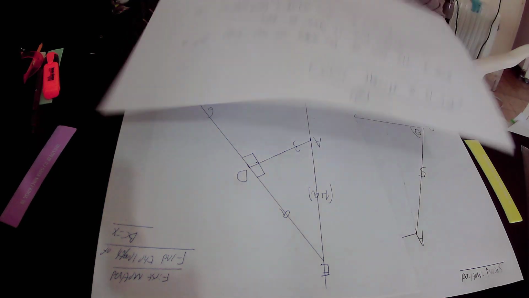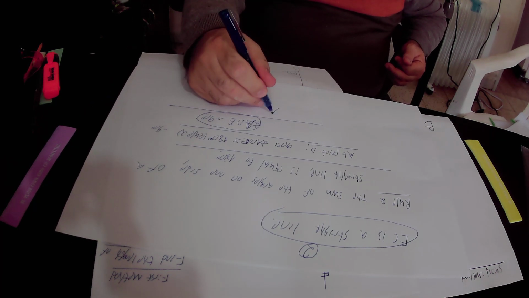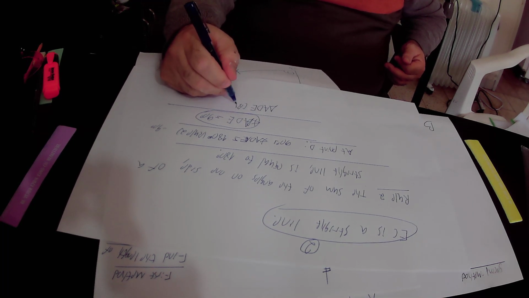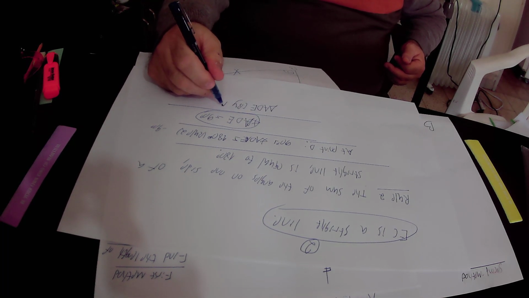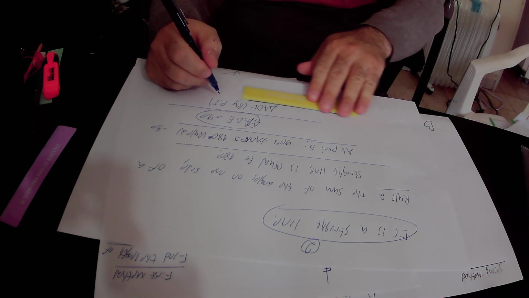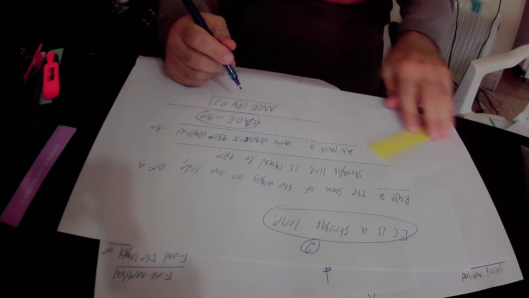In the right triangle, triangle ADE, by PT, the equation for Pythagoras theorem: the square of the hypotenuse equals the sum of the squares of the perpendiculars.